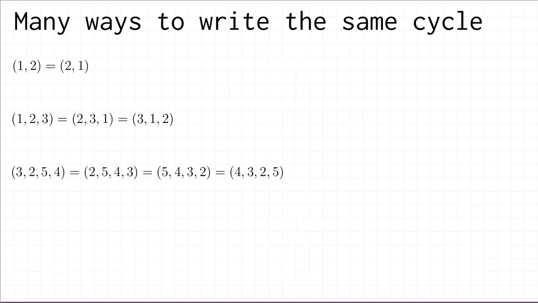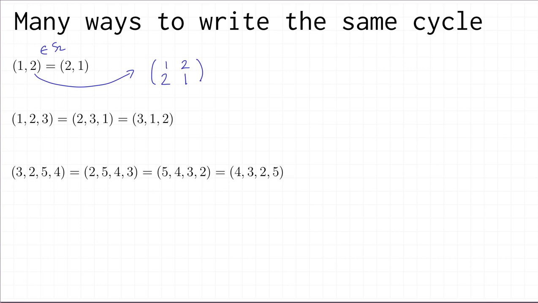Now, an important thing to notice about the notation that we're using for cycles is that there are many different ways to write the same cycle. So if we think about this 2 cycle here, (1, 2), and perhaps we think of this as an element of S2, and we wonder which permutation it is? Well, it sends 1 to 2, and then 2 is at the end of the cycle, so it goes back to 1.